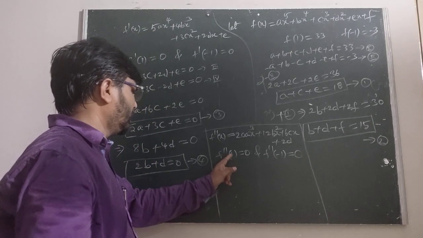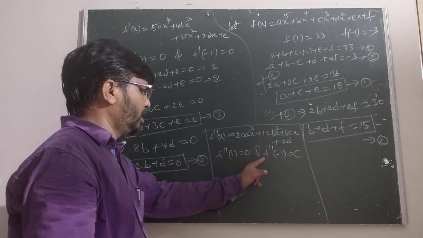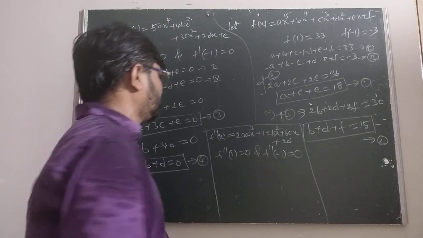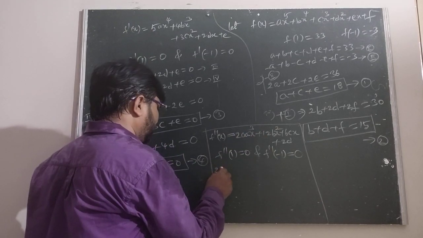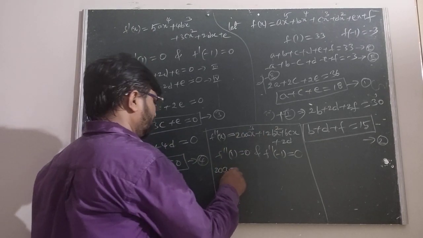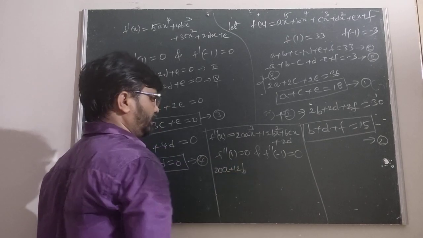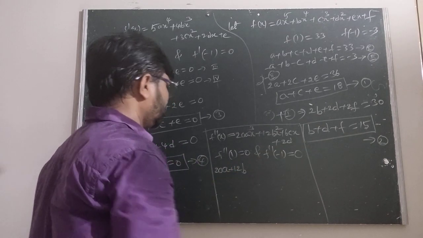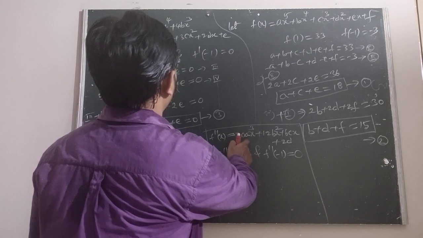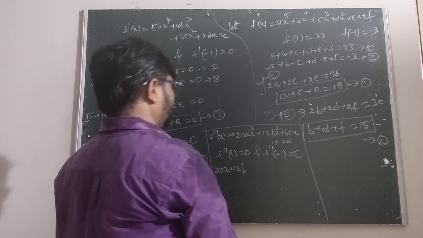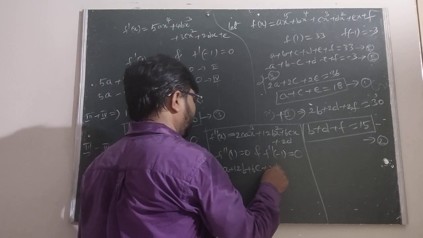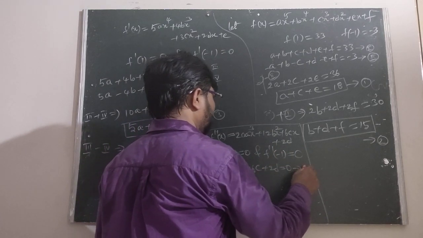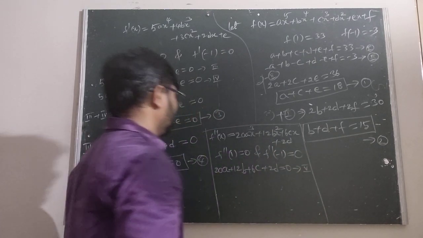Therefore here also f dash of 1 is 0, f double dash of minus 1 is 0. Now we take x equal to 1, then it will be 20a plus 12b plus 6c plus 2d equal to 0. This is the Roman number 5.